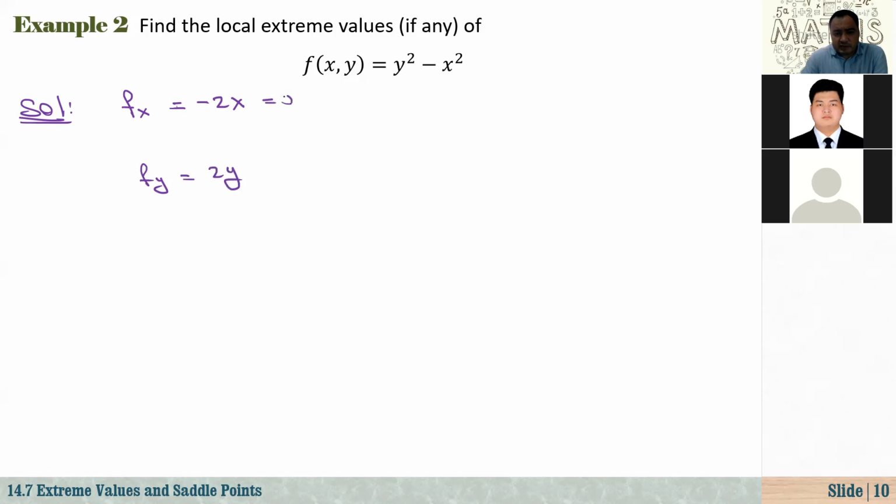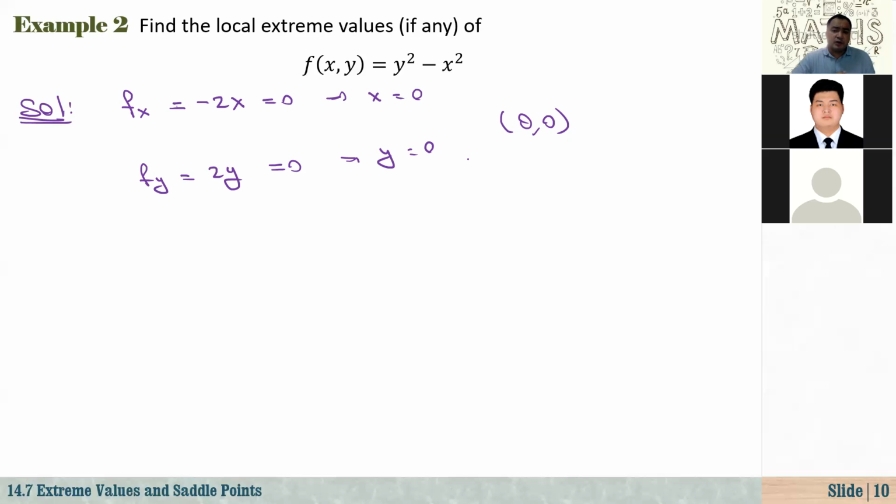And that's equal to 0 whenever x is equal to 0 and y is equal to 0. So this critical point is the origin, I mean, (0, 0). I can just write also the z component. Okay, this is just a domain point. So (0, 0) is the critical point of this function.